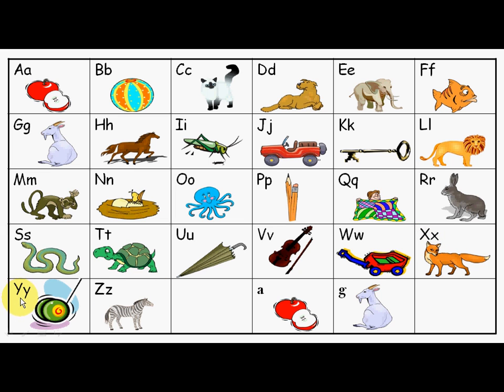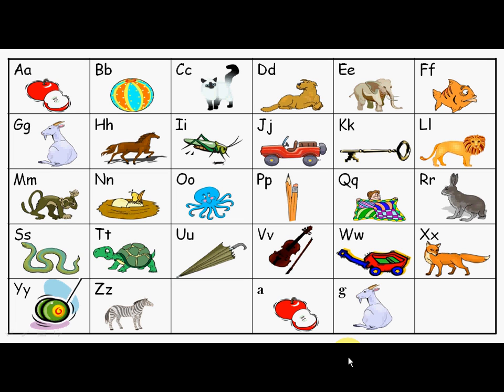Y, yo-yo. Z, zebra. Fancy A, apple. Fancy G, goat. And that is how you do the chant chart.